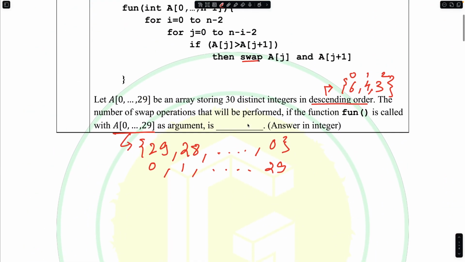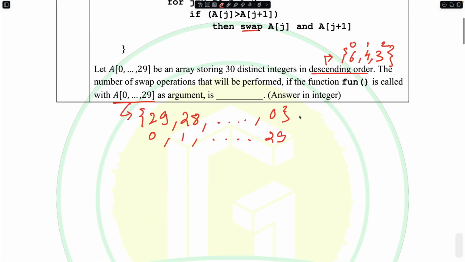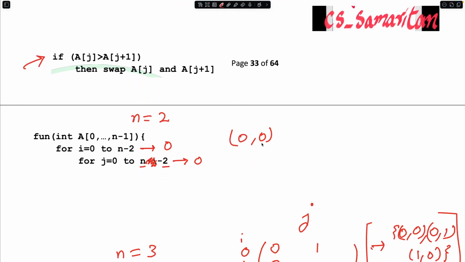Now, once that part is very clear, let's analyze this if condition. When this 0, 0 is fed into this if condition, for that we need the values. n is equal to 2. We have to construct an imaginary array of size 2 that has the property of descending order values.